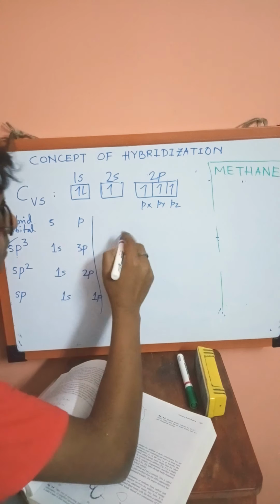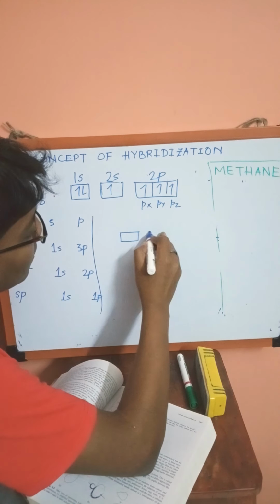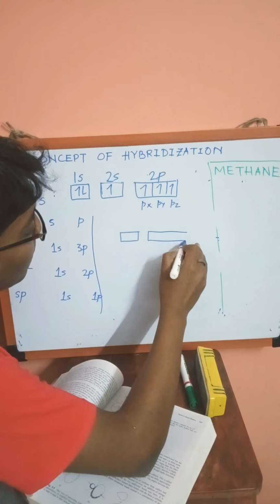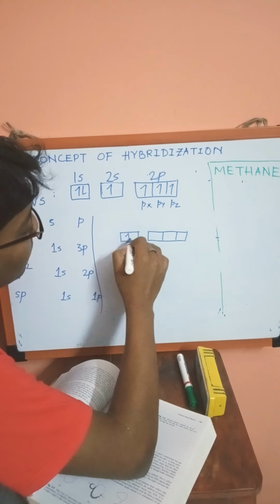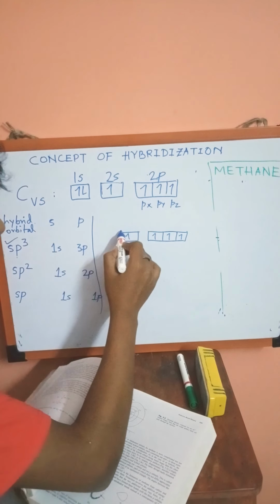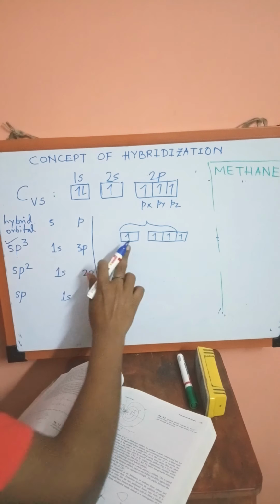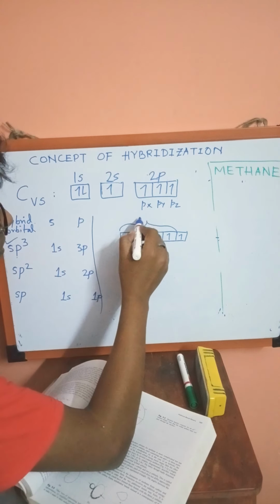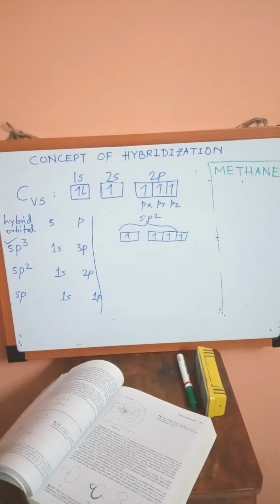So if you have s and 3p, sp2 means you have this s and 2p, so it will be called sp2.